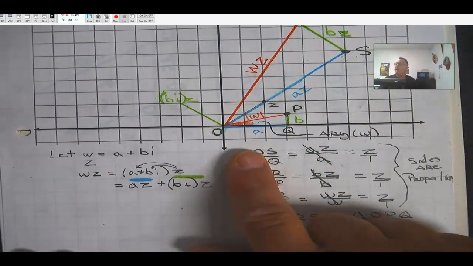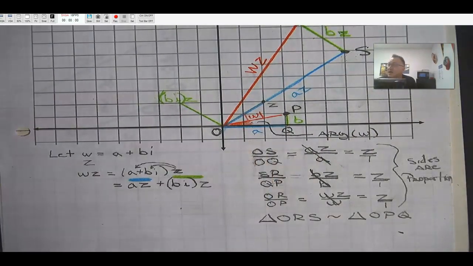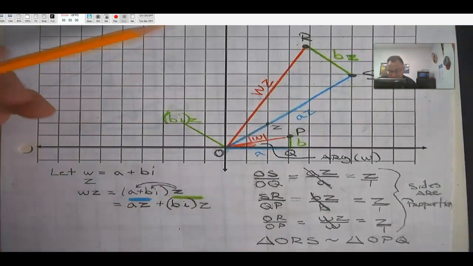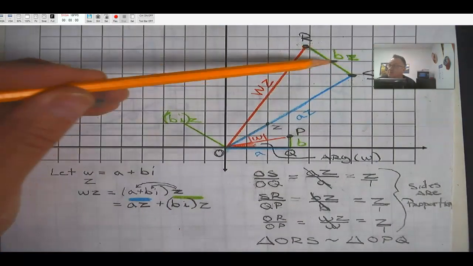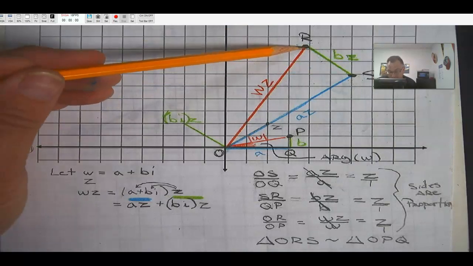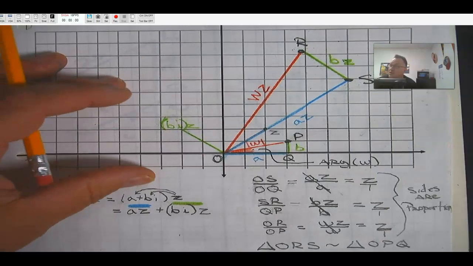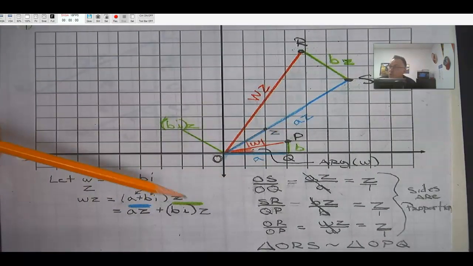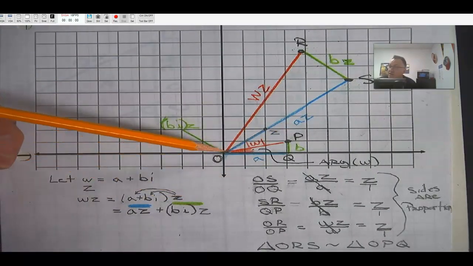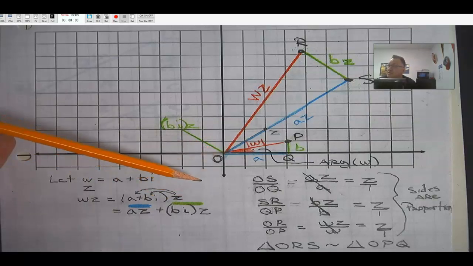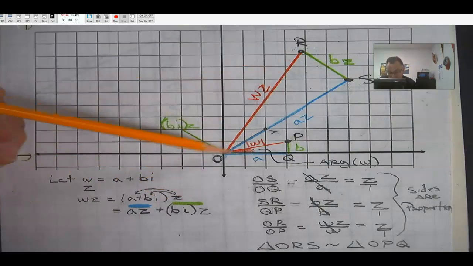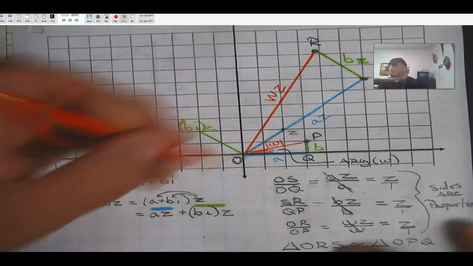Okay, now what angle is that equal to in the big triangle? Use these big letters. Okay, so you use the point where the vertex of the angle is, that goes in the middle. ROS. So I'm going to color this in.